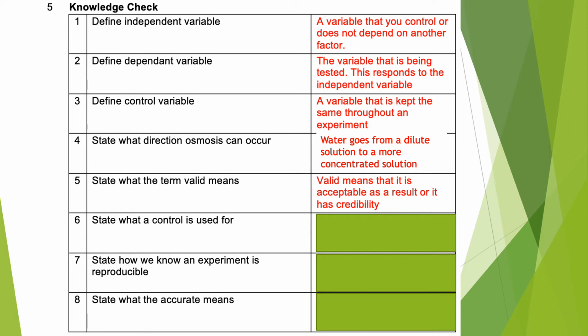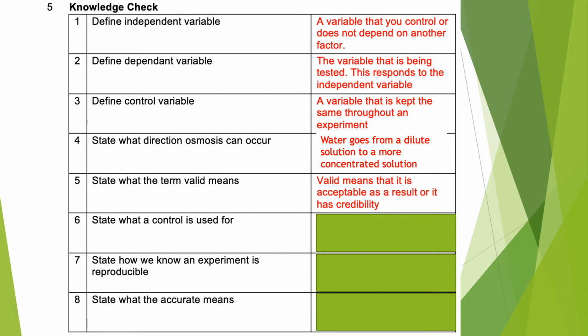But you already know that it's not valid because my results are probably going to be very skewed. It might be false. I might have tested it wrong. So valid just means that it's acceptable as a result, or it has credibility. So your experiment, or whatever you're trying to solve or figure out, has to be valid. It has to be credible, right?